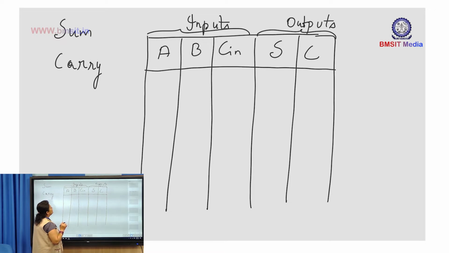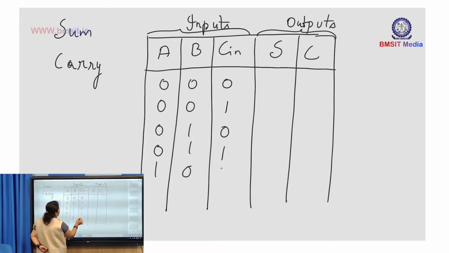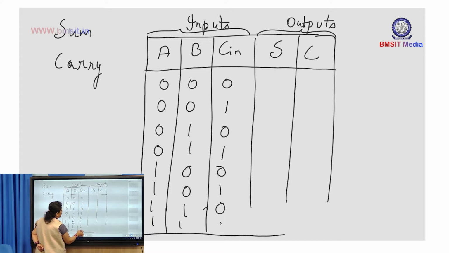Let us first write the combinations of inputs: 0 0 0, 0 0 1, 0 1 0, 0 1 1, 1 0 0, 1 0 1, 1 1 0, and the last combination is 1 1 1. These are the 8 combinations of inputs.